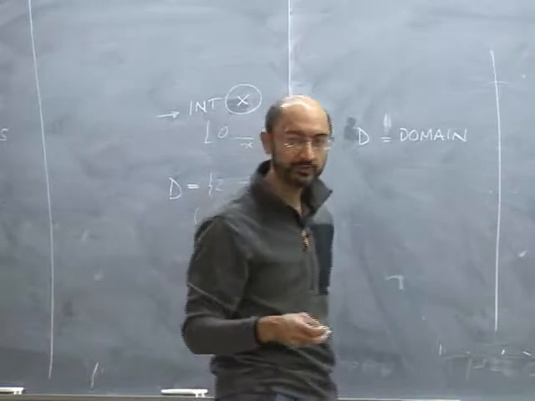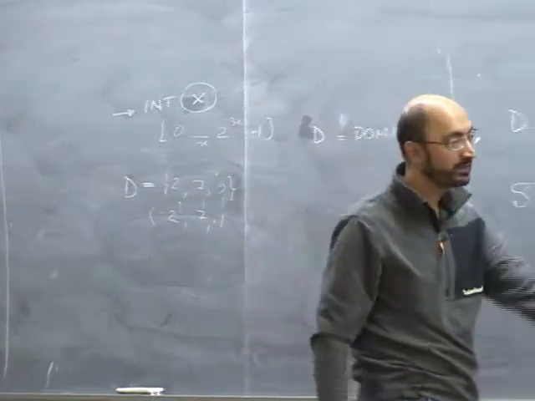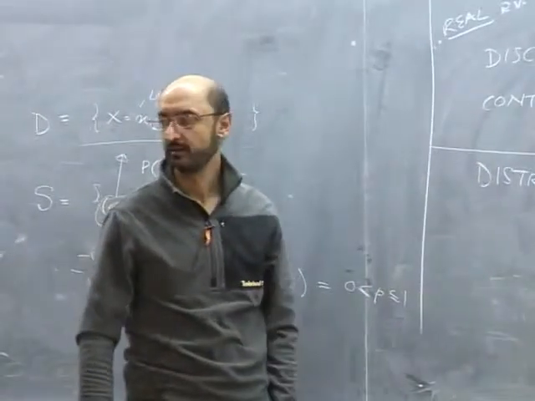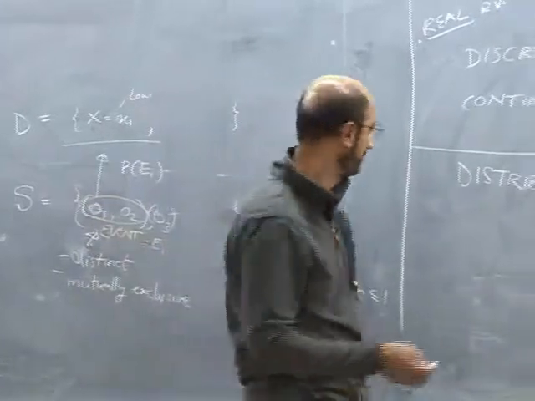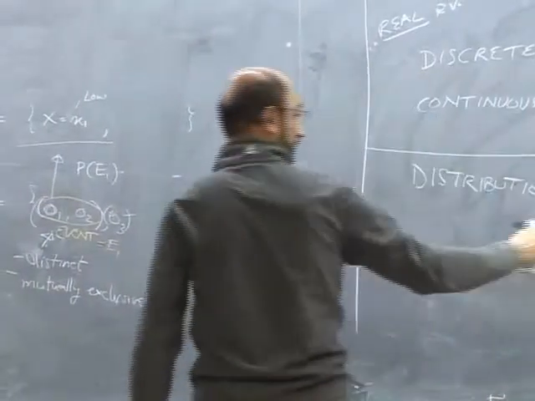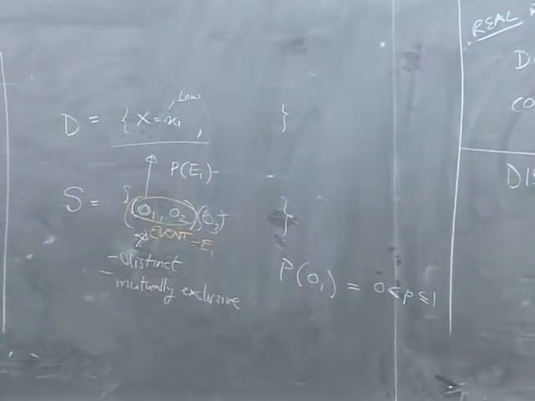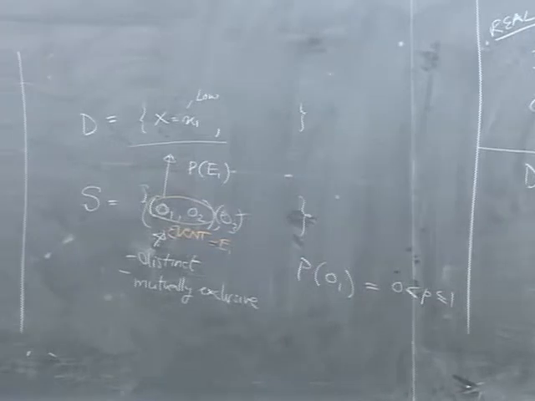Okay, it gets more confusing once you go to continuous. That's why I'm trying to hold off on continuous for a bit. But is this notation clear? The capital X, small x, and so on. Okay, let me just talk about continuous, and then I'll take a break. For the discrete case, we have this domain, and the probability mass function is pretty clear.